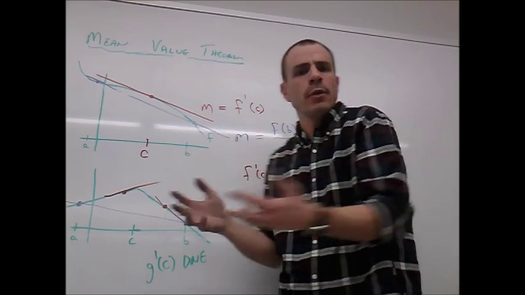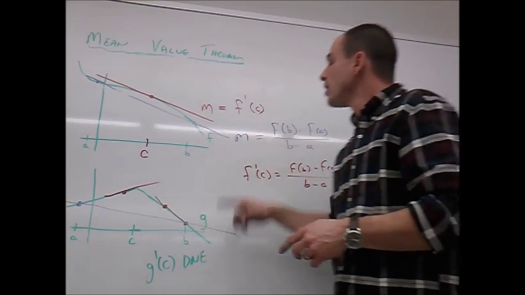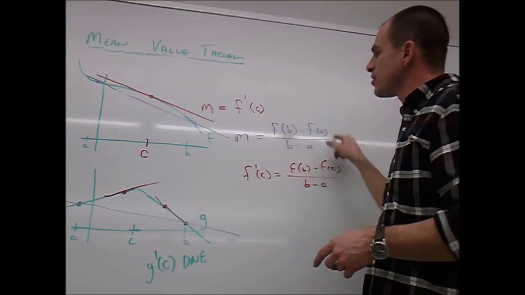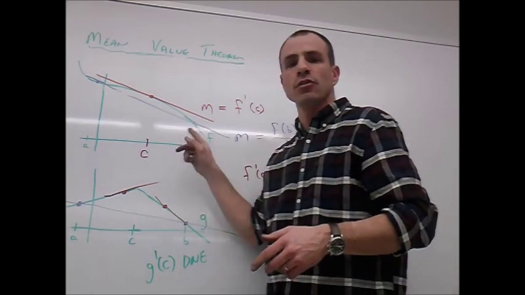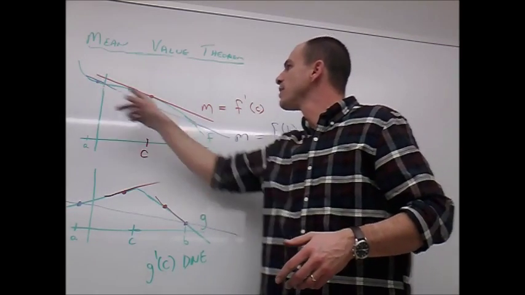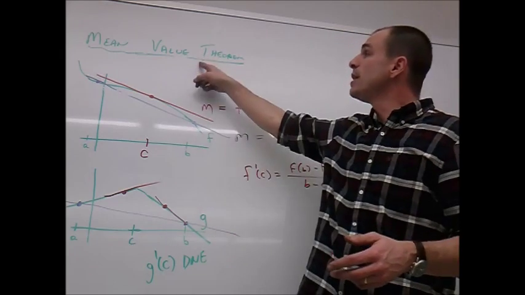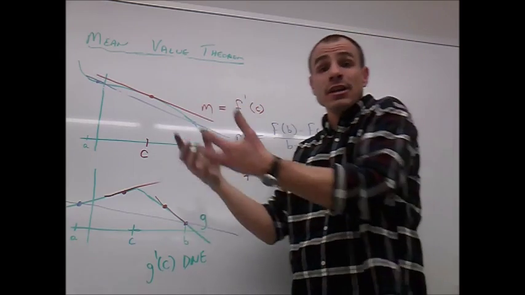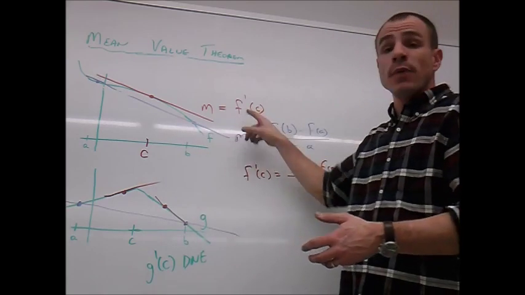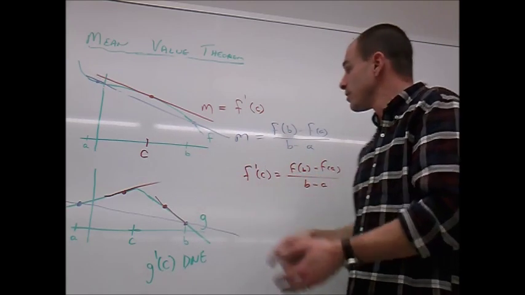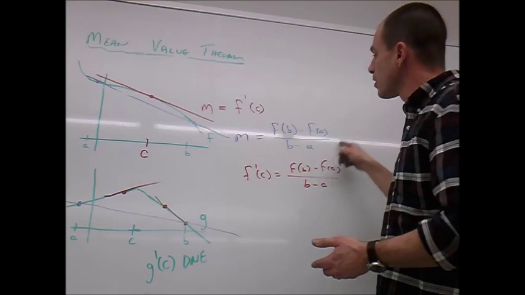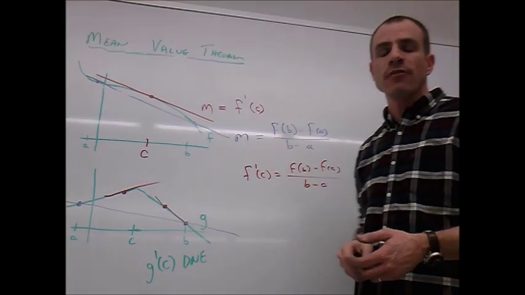I have a graph of f. How am I supposed to figure out f prime? Well, you can do an average rate of change. And again, these values will be given to you. Let's say you do an average rate of change based off these values, and you get an answer of negative 2/3. Well, the mean value theorem guarantees that the derivative must also be equal to negative 2/3. And again, we found the negative 2/3 because we did a nice, easy average rate of change.